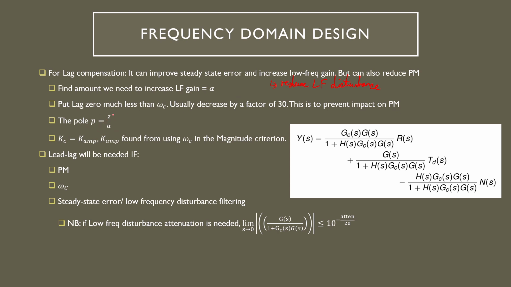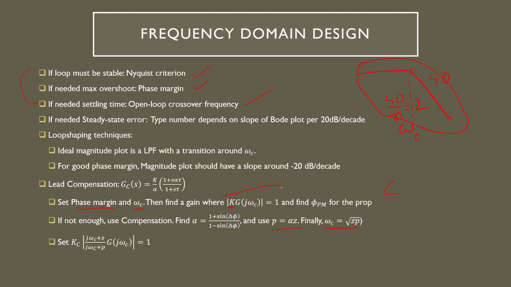We can find the pole and zero, so we know where the zero is. We can find the pole very easily, and Kc is equal to K amp, similar to how we do for the lag controller in the root locus world. K amp is found by using omega c in the magnitude criterion. So I'm going to use the magnitude criterion, K amp Gc of j omega c, and plug that in.